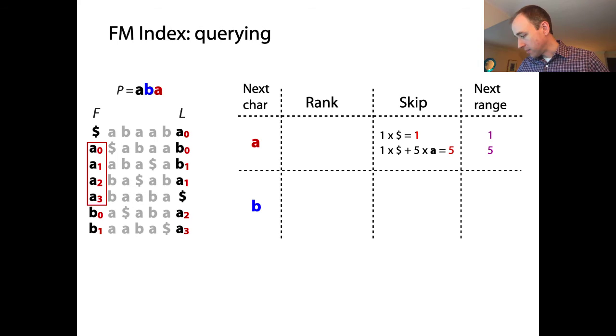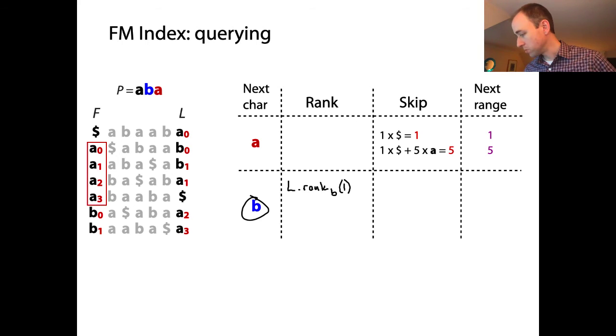We're going to do L.rank subscript B, since that's our query character, in row 1. That's the top of my range. So what's the L.rank B at offset 1? It's 0, because it's how many B's there are up to, but not including, that row. So the answer to this is 0.